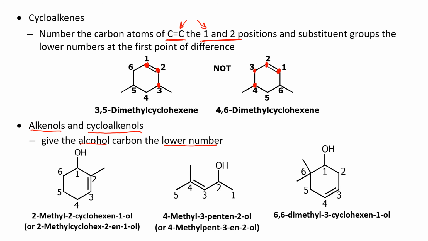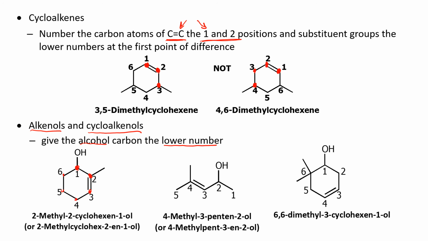With that said, let's look at a few examples. All right, so we want to give the alcohol the lowest possible number. This is some form of cyclohexene. So we're going to give our alcohol the 1 position. And then we want to give our alkene the next highest priority, the next lowest number. So 1, 2, 3, 4, 5, 6.